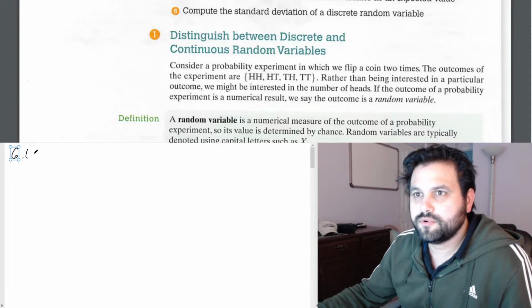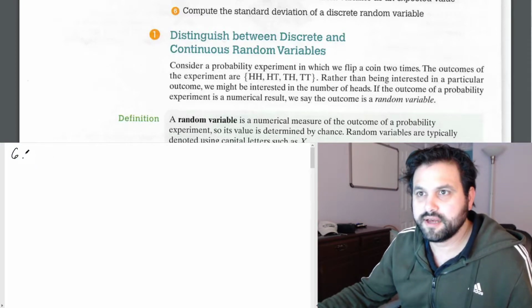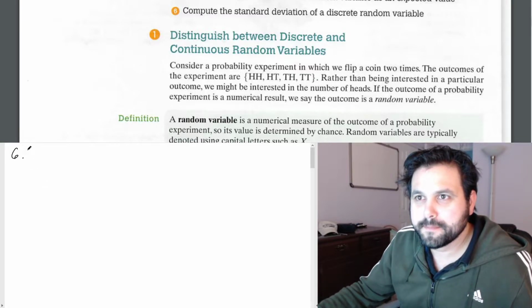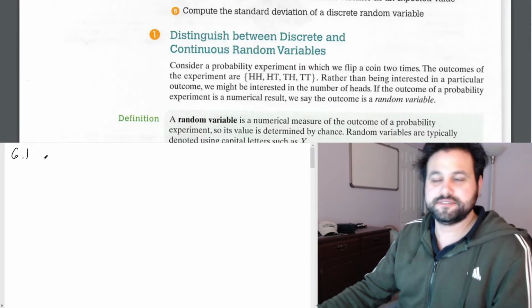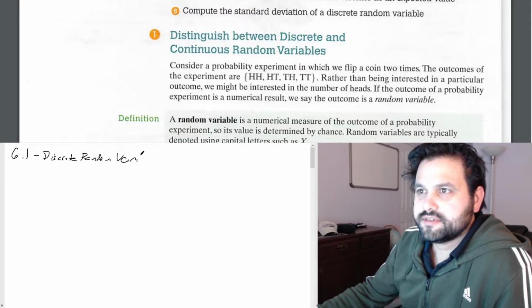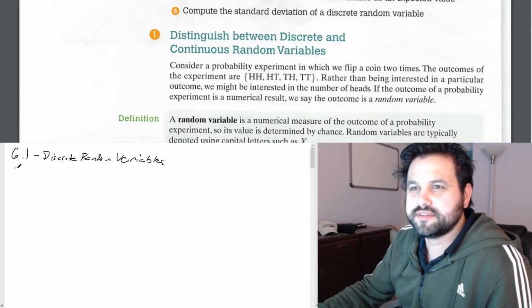This is going to be 6.1. Let me get rid of that. That's not a very good one. All right, we're off to an awesome start. So 6.1, discrete random variables. I hope you guys enjoy my awesome handwriting on this technology here.